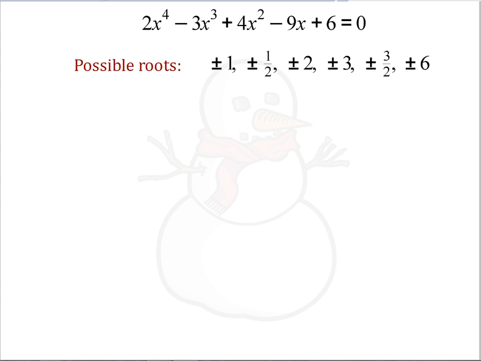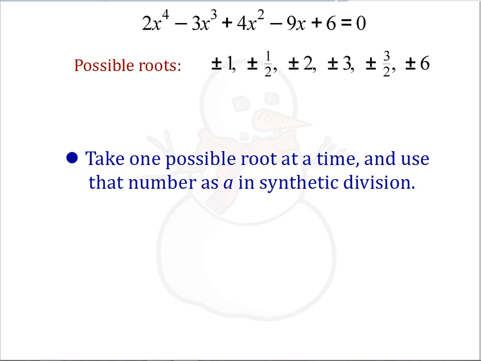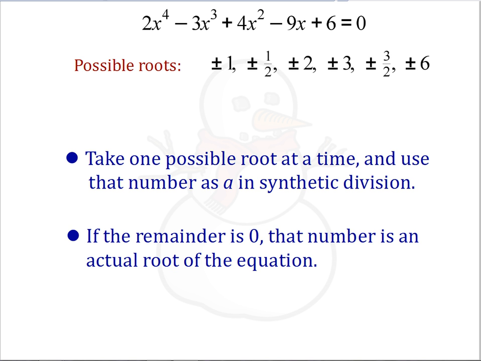So we're just going to go over this briefly. We're going to go over it in more detail in class, but this is what's going to happen. You're going to take one possible root at a time. Use that number as A in your synthetic division. If you come out with a remainder of 0, that means that the number is an actual root of our equation.